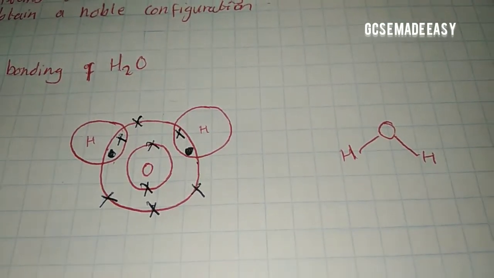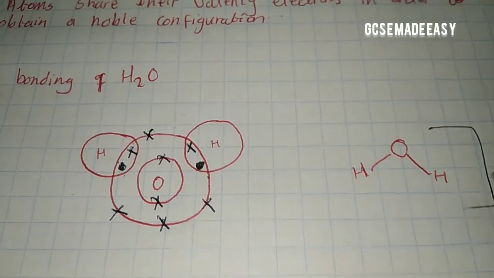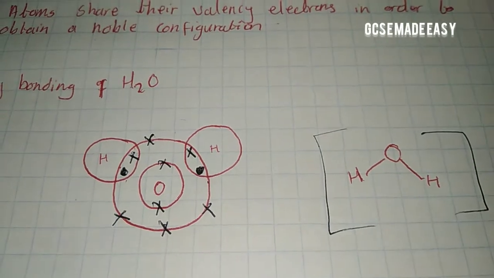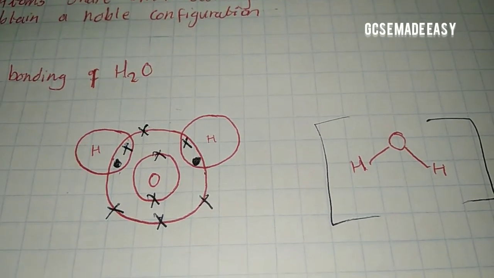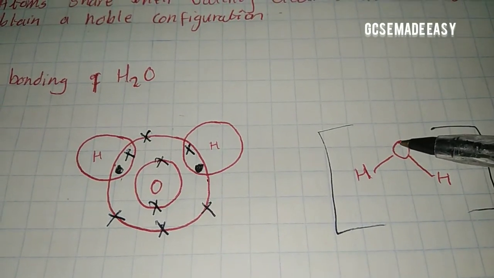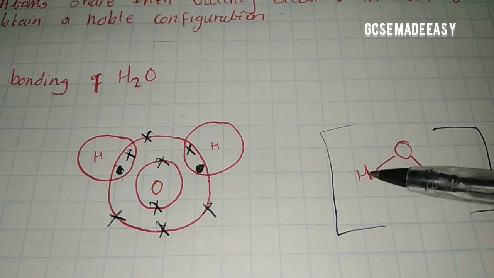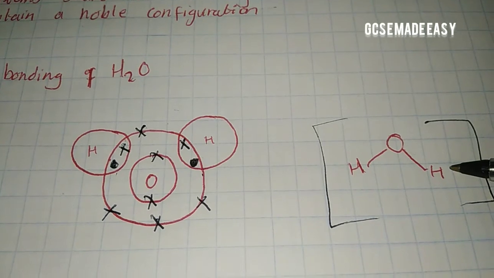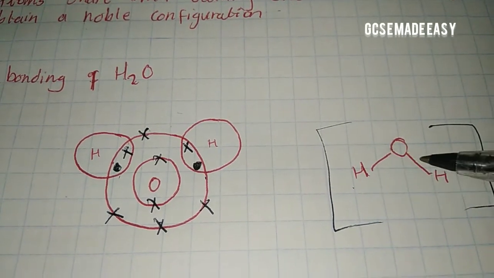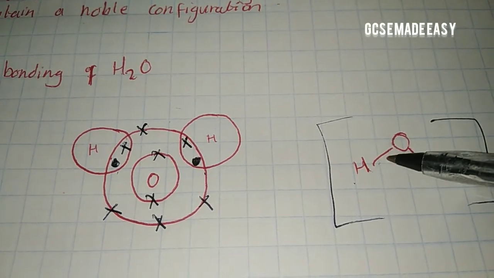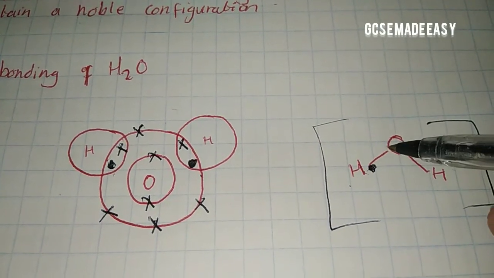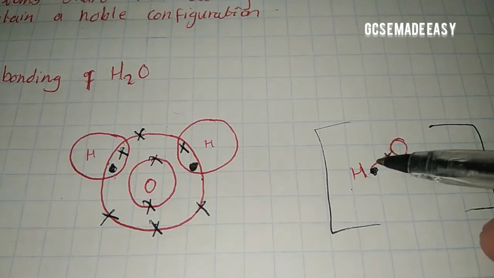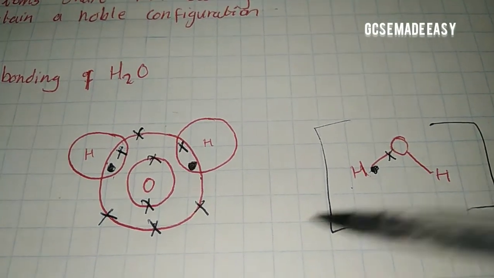And by the way, here we have a skeletal structure of how we draw H2O. This tells us that oxygen is bonded to 2 hydrogens by single bonds. This single bond shows that only 2 electrons are shared between the 2 atoms, just like we have here.